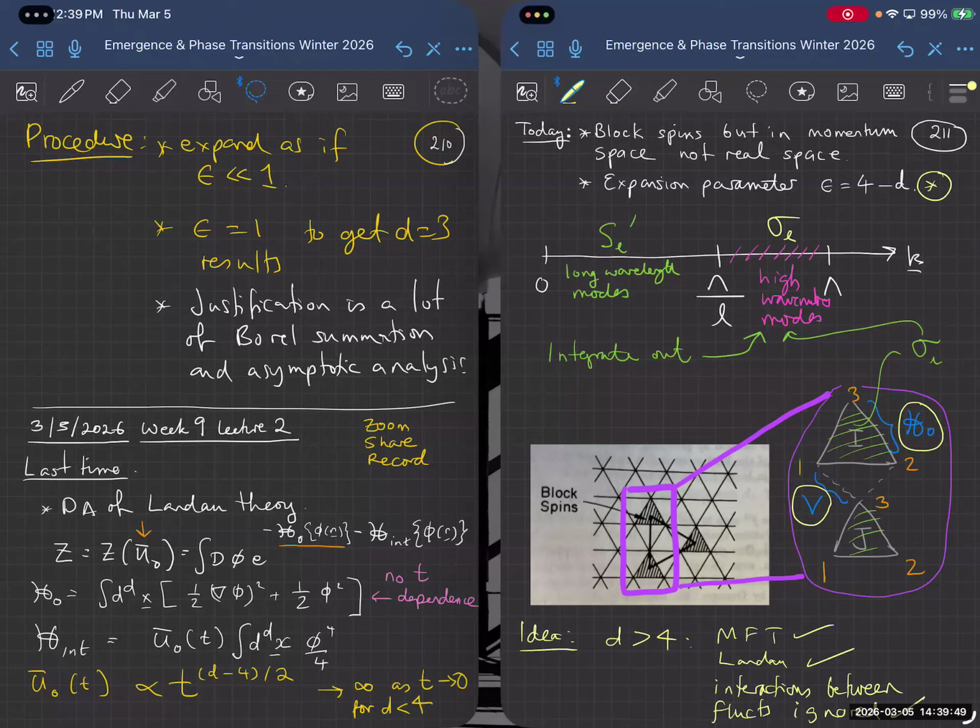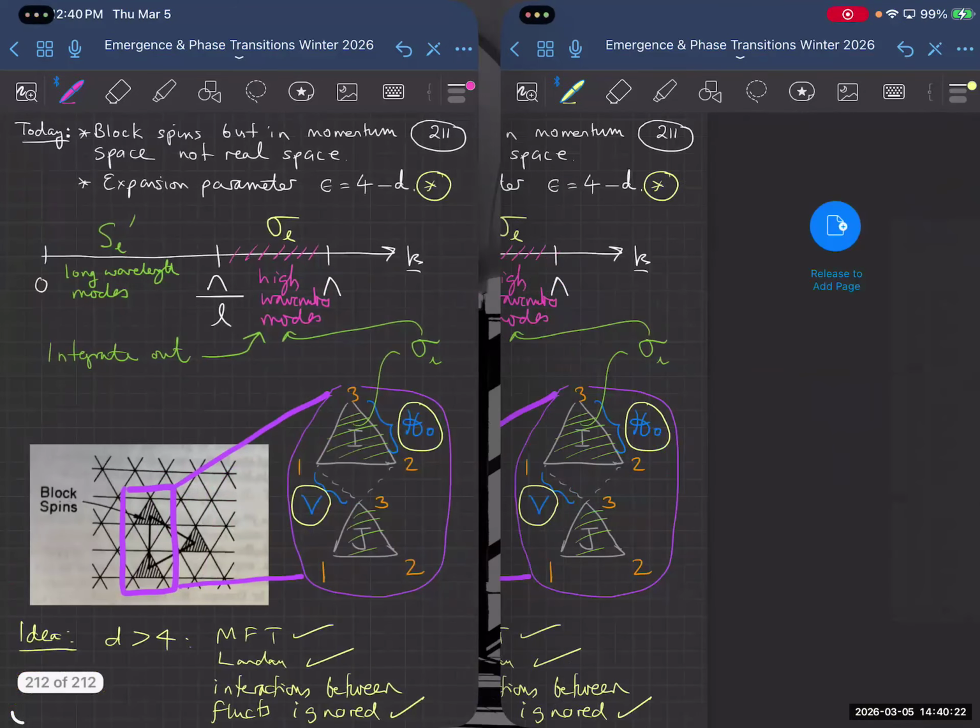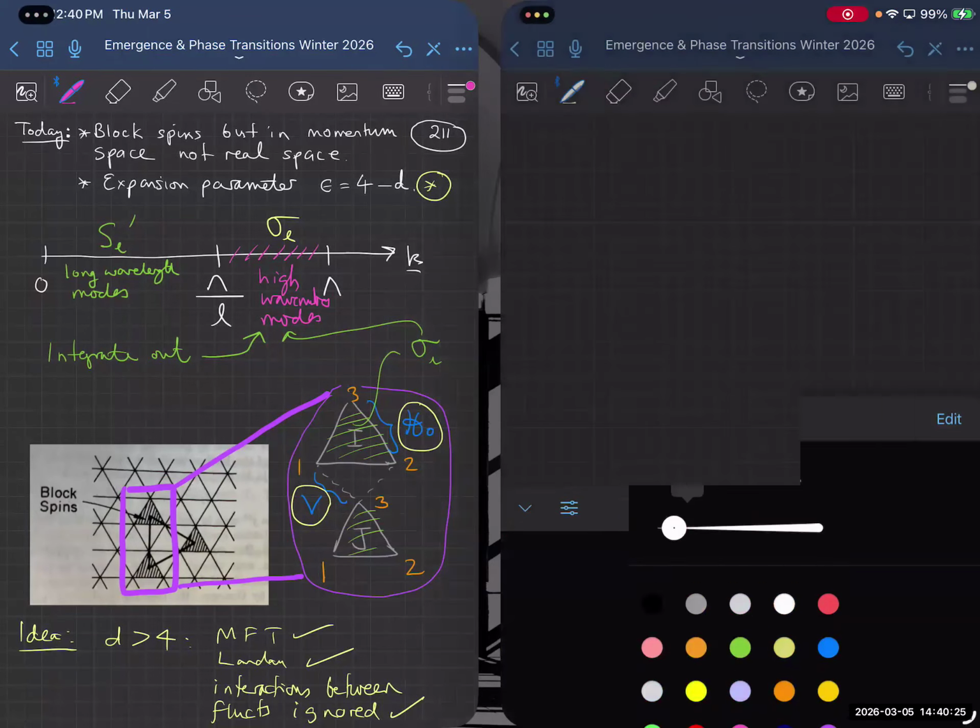We saw in the homework, and when we did mean field theory, that mean field theory involves removing the interactions between fluctuations. Those interactions are represented by the fourth order terms in the Hamiltonian. These terms over here are the interaction terms, and those are the terms that we're going to ignore in mean field theory. That's what mean field theory does, and it works above 4 dimensions. So that's the first thing.